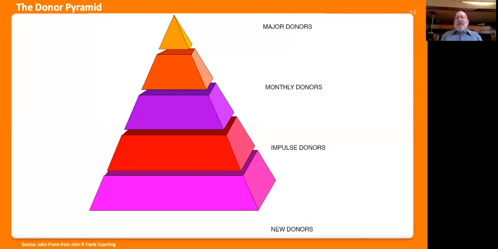Somehow you've gotten their name, but they've never given to you. So maybe they came to a concert, or came to an event, or through your board member, somebody, you got their name. In the old days, and I do mean old days, we used to get church directories of names. Not anymore, not for about 15, 20 years now. You wouldn't even think of giving those names to a nonprofit. But there are different ways. You go and speak to a church.